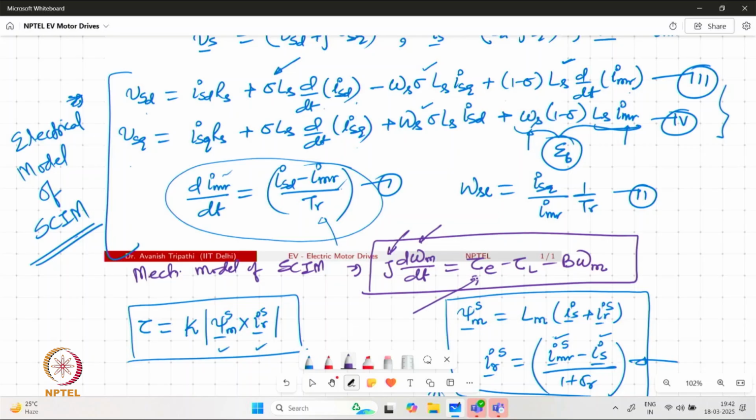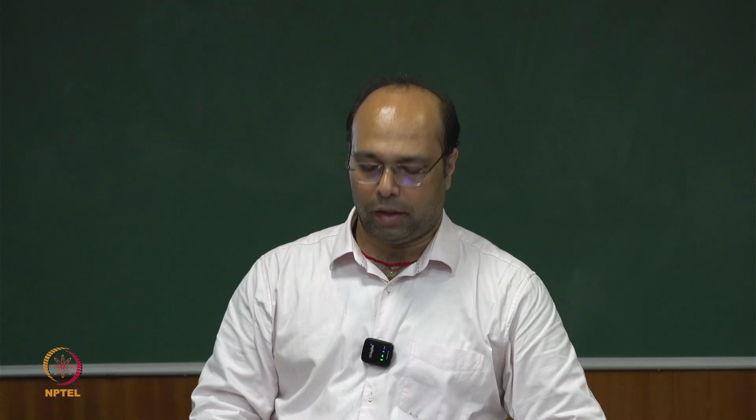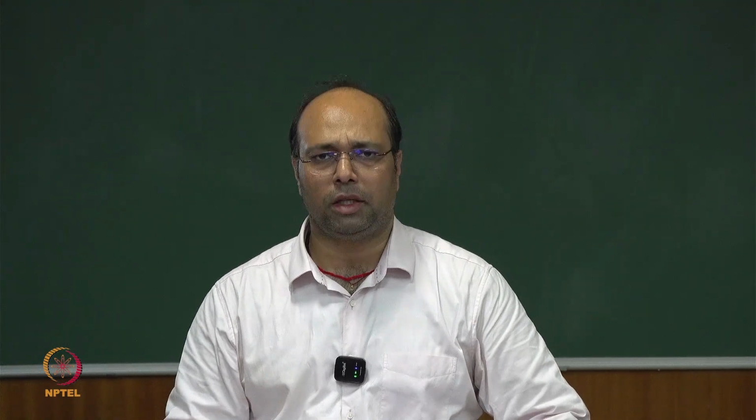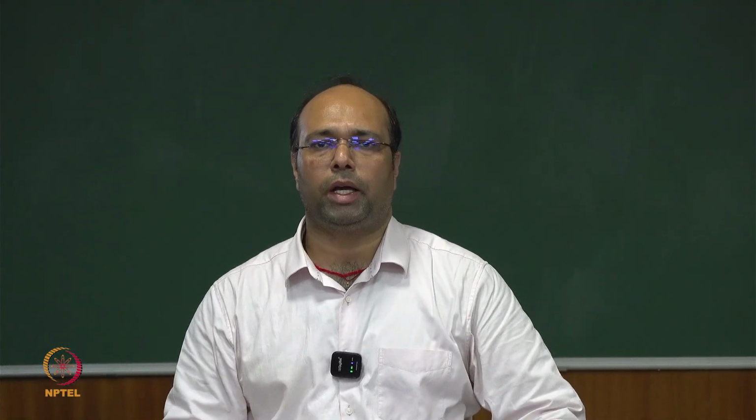We have electromagnetic torque derived as kT times IMR ISQ. Tau L is the load torque, B is the frictional coefficient, and omega m once again the mechanical speed in mechanical radian per second. So these five equations together can be used for drawing the model of the machine, and on basis of that we can have appropriate controllers for controlling the speed and torque of the machine.